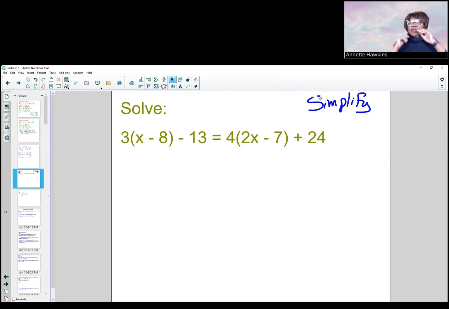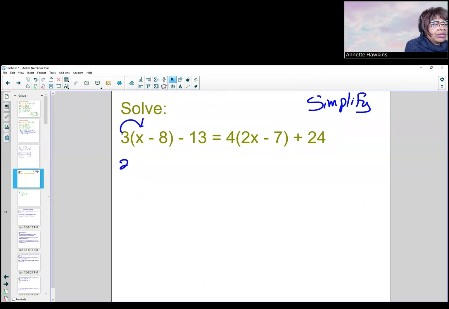Now, that's better. Okay, so we're going to remove the parentheses. We're going to add like terms on the same side. So let's remove the parentheses.